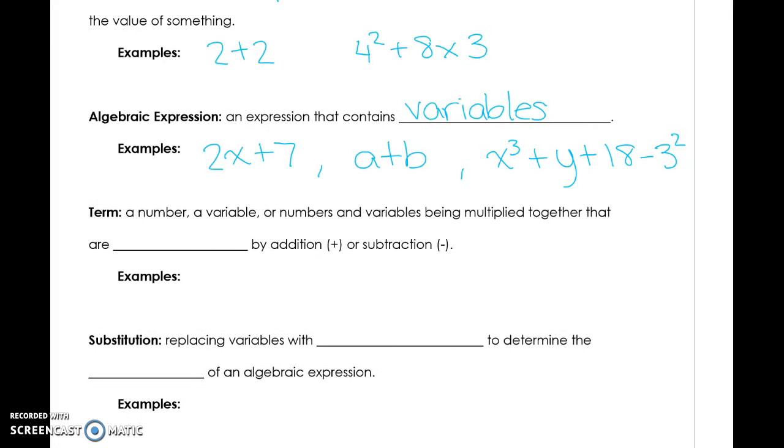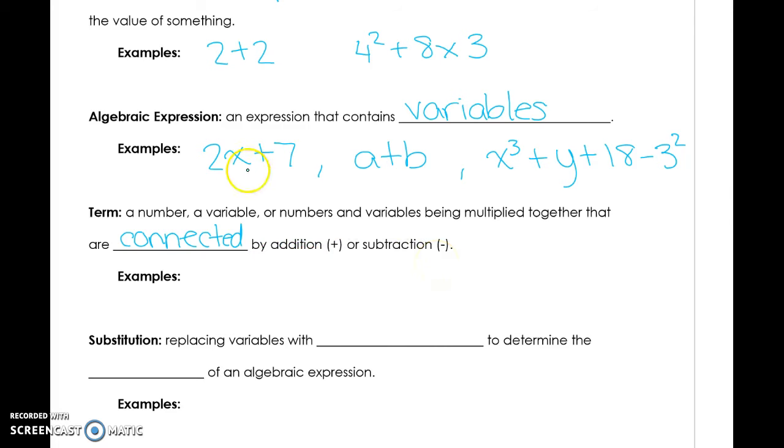The next word is term. A term is a number, a variable, or numbers and variables being multiplied together that are connected by addition or subtraction. So, an expression is made up of terms. Again, they're separated by addition or subtraction.